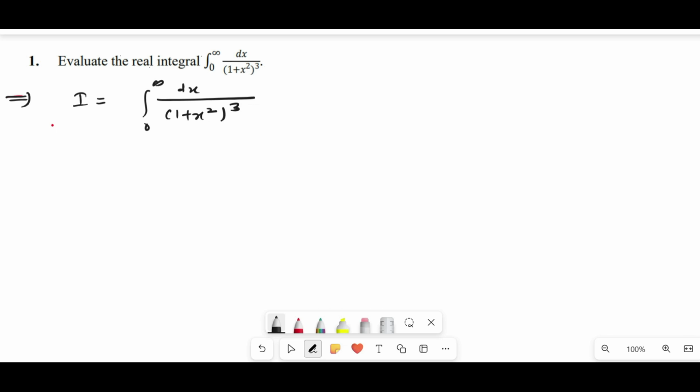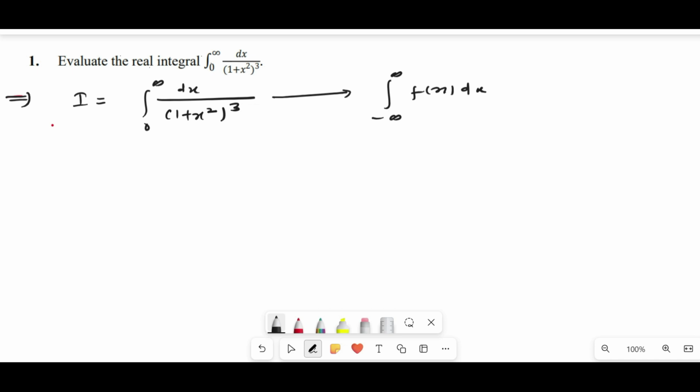But as we can see, this integral is not in the form of negative infinity to infinity. So first of all, we need to convert this integral into the integral from negative infinity to infinity of f of x dx.